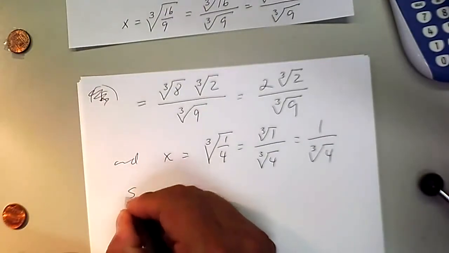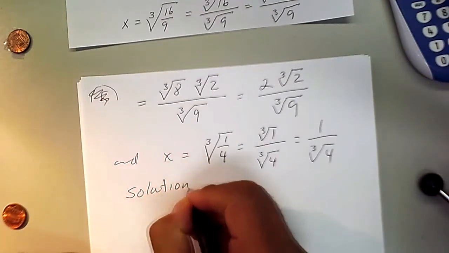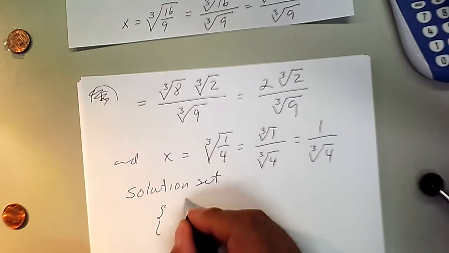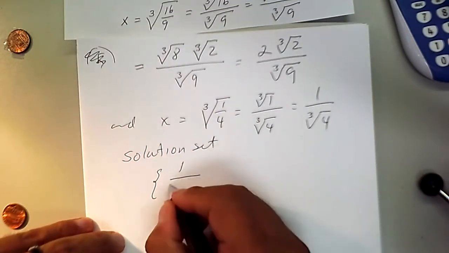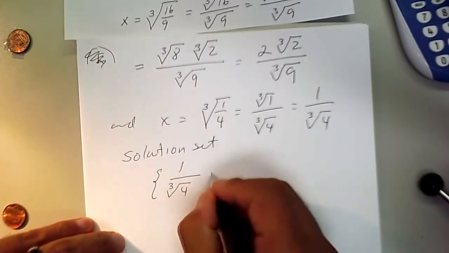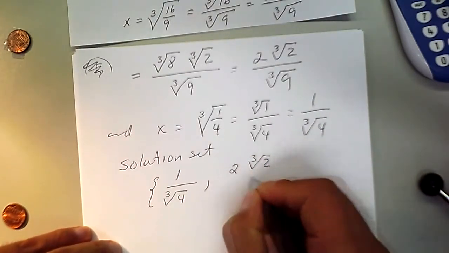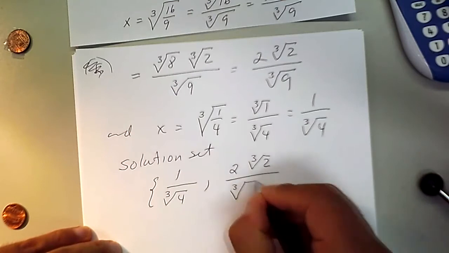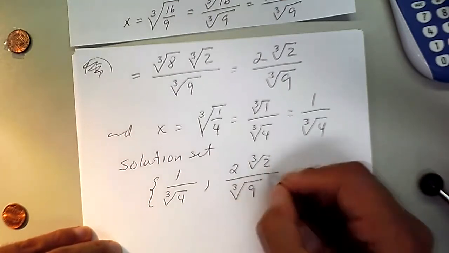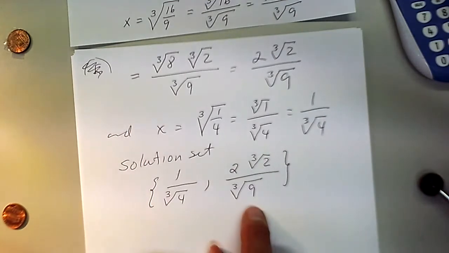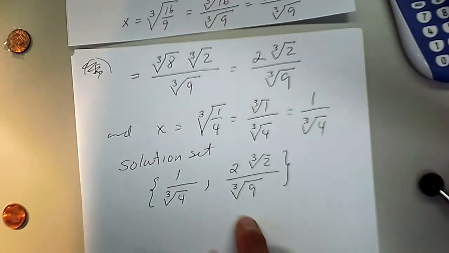So the solution set for this equation contains two elements, 1 over the cube root of 4 and 2 cube root of 2 over cube root of 9. If we rationalize that, it should be okay, but I tend not to rationalize things, but that depends on the instructor.